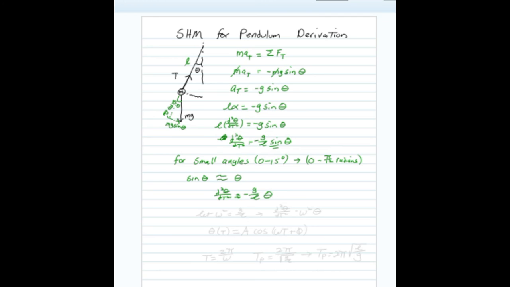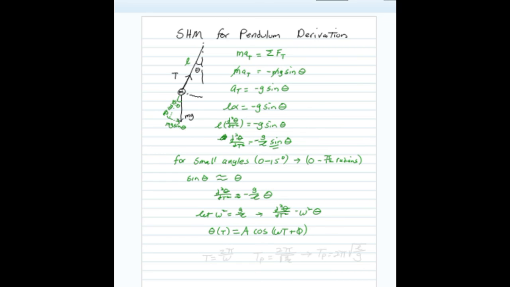We're going to let omega squared be g over L, and we get negative omega squared theta. And the solution to this differential equation, as we've talked about, is theta of t equals A cosine of omega t plus phi, phi being the phase angle.